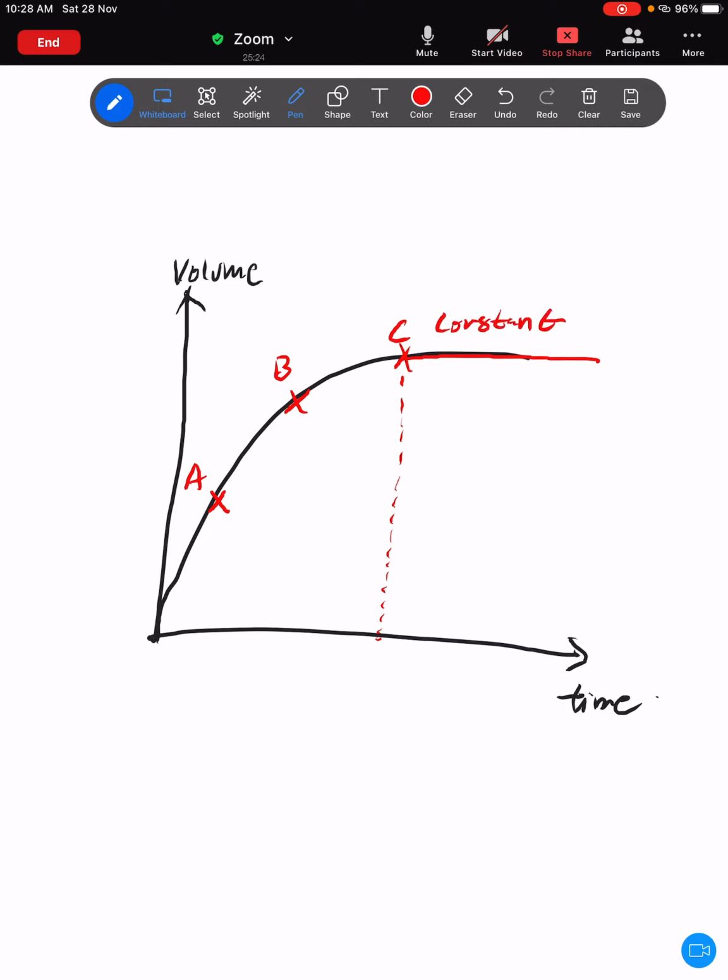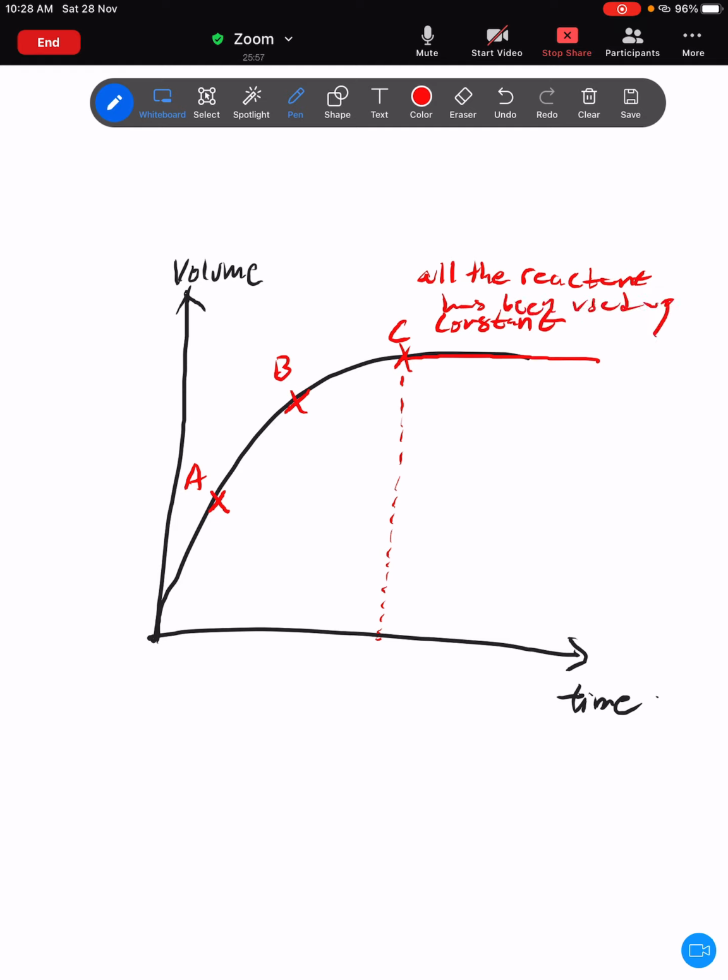Guys, what do you understand and why does it become constant? Tell me. Very good. So at point C, all the reactant has been used up.